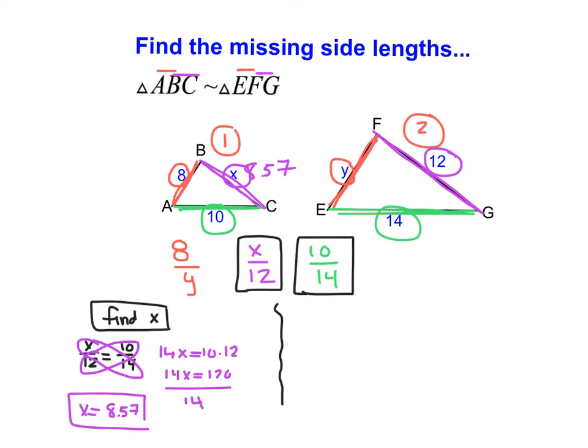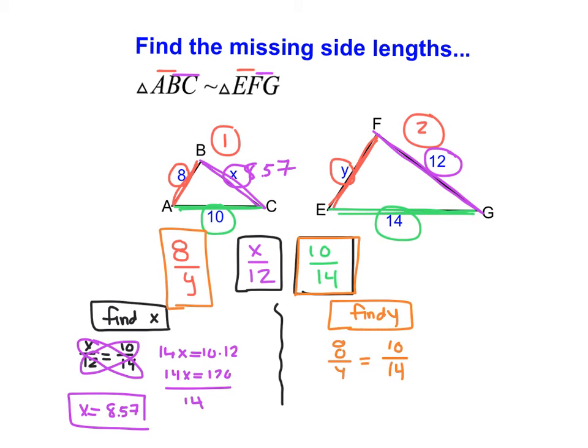Then if I move on, I'm going to look at a different pair of values now, and I'm going to make it my goal to find y. So I'm going to use this ratio here to help me find y. So I have 8 over y is equal to, let's again choose another ratio that has only numbers, no variables. I'm going to also set that one equal to 10 over 14.